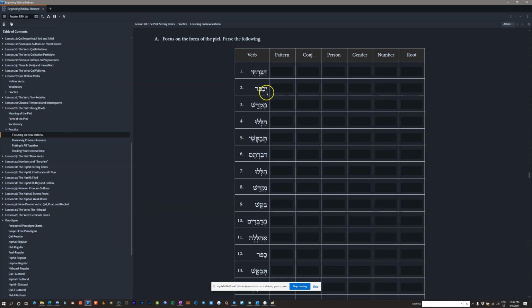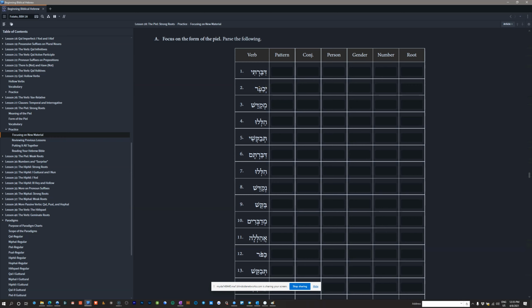Your prefix letter in the Piel is going to be a reduced vowel, either shva or something like hatef patach, hatef segol, hatef qamets, something like that. It's going to have some sort of shva in it, if not a shva. So that right there tells me that I'm dealing with a Piel.